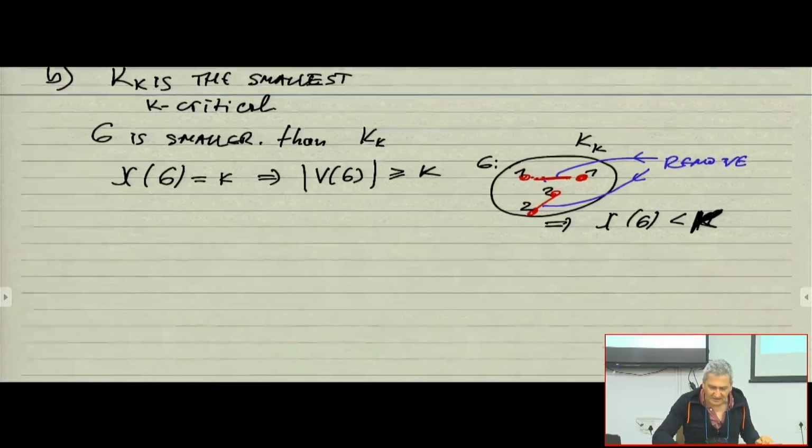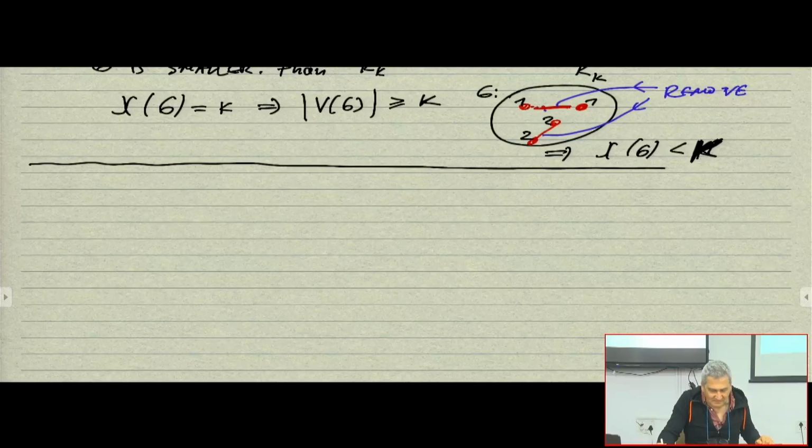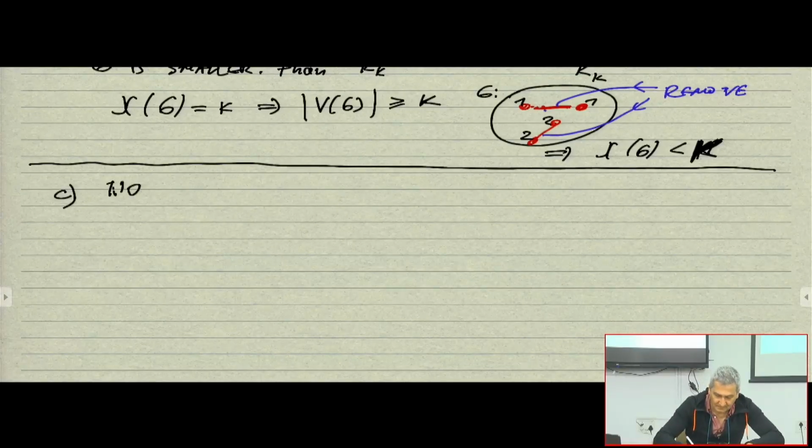Okay, C, you must help me for C. What was C? C was no K critical graph on K plus 1 vertices.